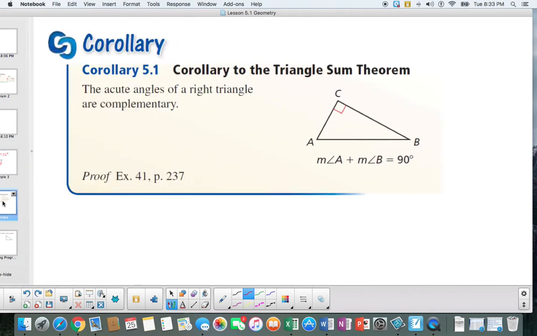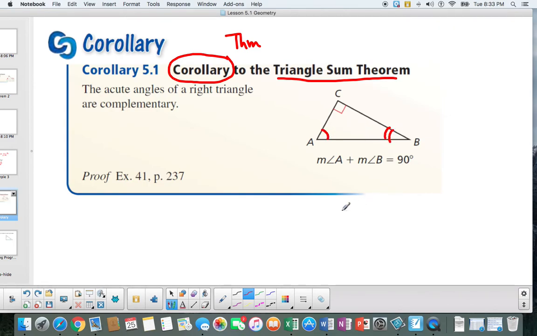Okay, the corollary to the triangle sum. Corollary is another word for theorem, but it's a theorem that's easily proved from a big theorem, and the big theorem we're using is the triangle sum. So this little theorem, corollary, says that these two angles right here add up to 90.